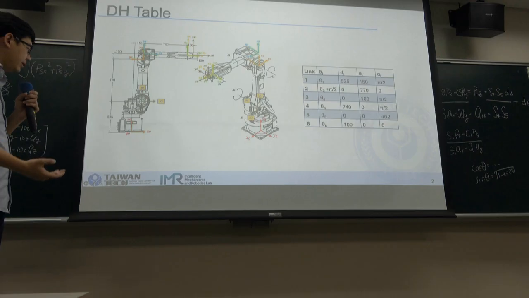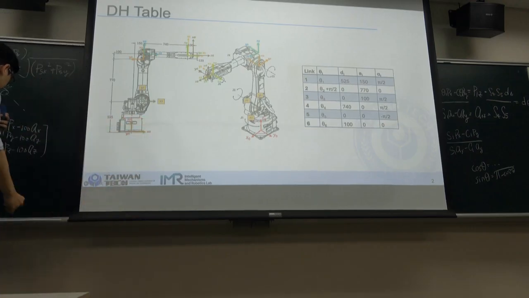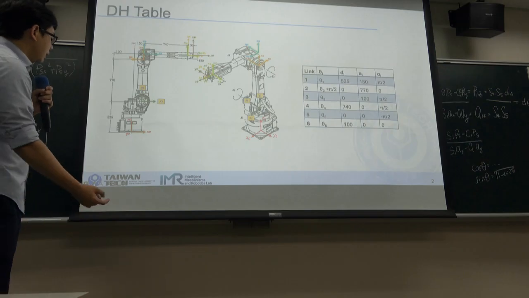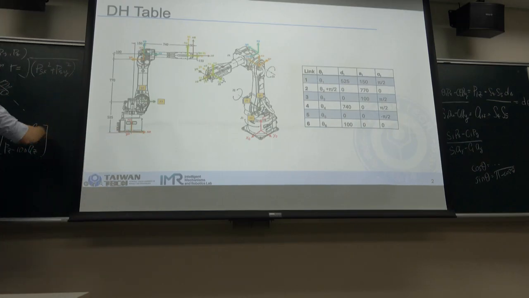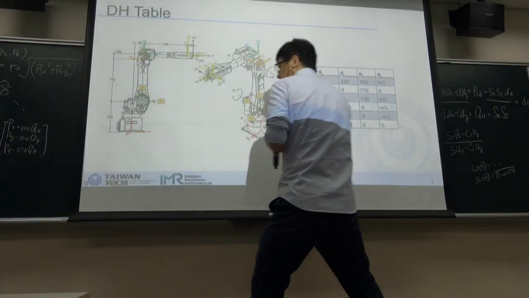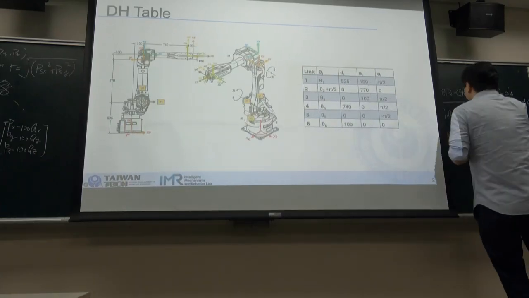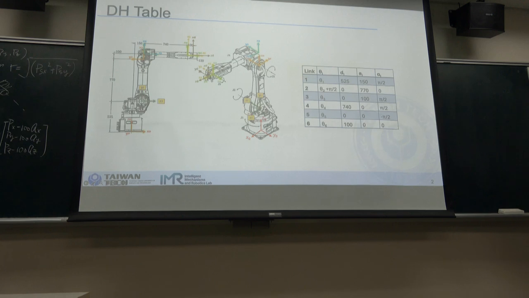And then another one we need to find is, if we see from the top view, this is the base frame, so it's y0 and x0, and assume that this point is P5x and P5y.